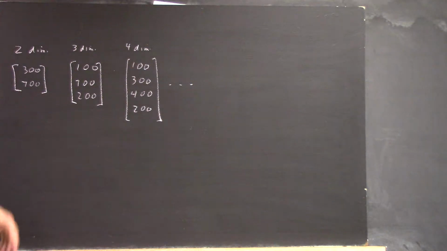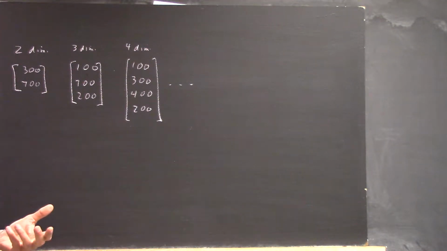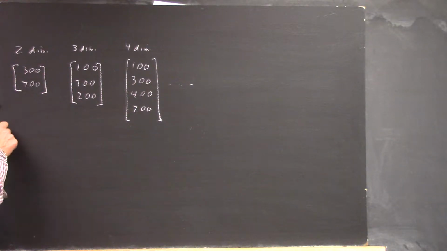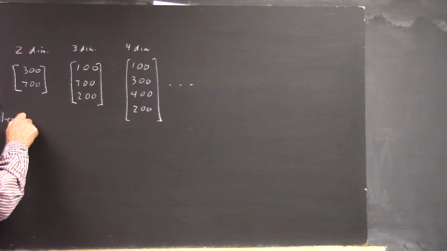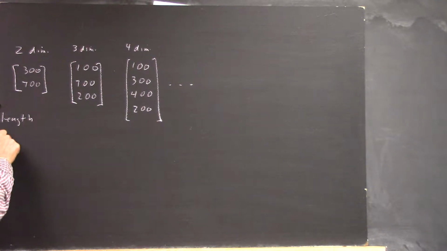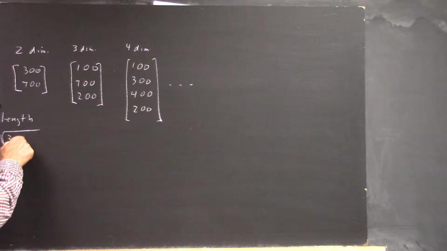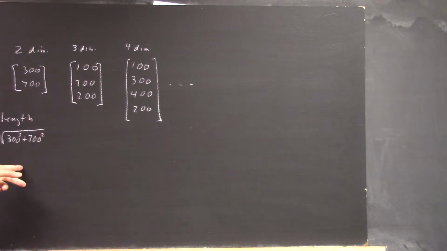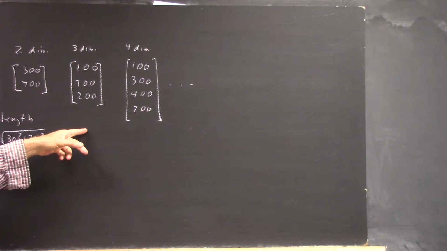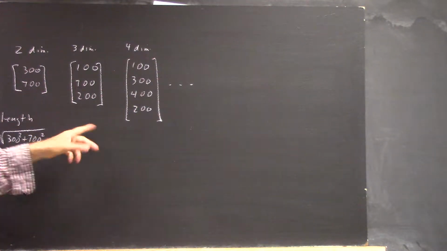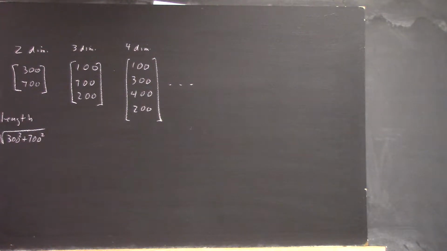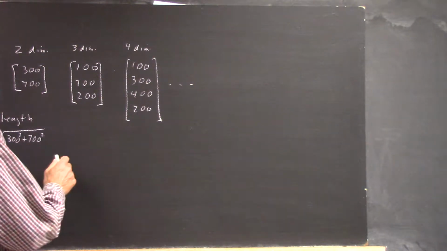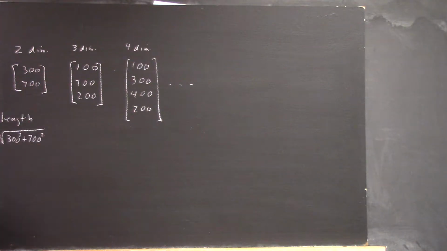Now, what can you do with these vectors that correspond to what you can do in 2 dimensions? Well, what's the length of this vector? Pythagorean theorem, right? Well, you can prove that the Pythagorean theorem works in 3 dimensions. That's pretty simple. I could write it out very quickly, but you'll encounter it. But it comes down to what? What do you think the length of this vector would be?